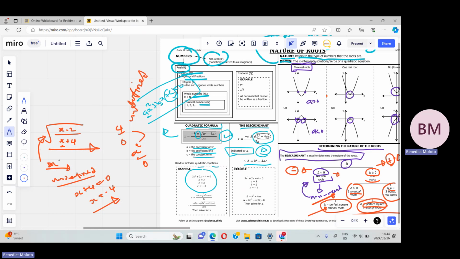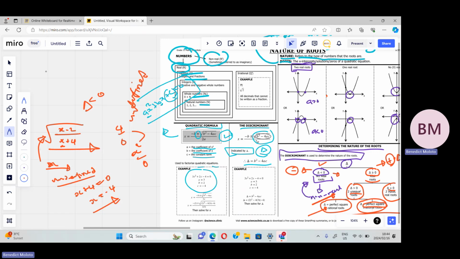This expression is undefined. Non-real occurs when a number inside a root is negative. That is where we're talking about this non-real here, negative. So basically, to find non-real in the discriminant, you just perform the calculation, and immediately you get a negative number, it's non-real. Why is it non-real?